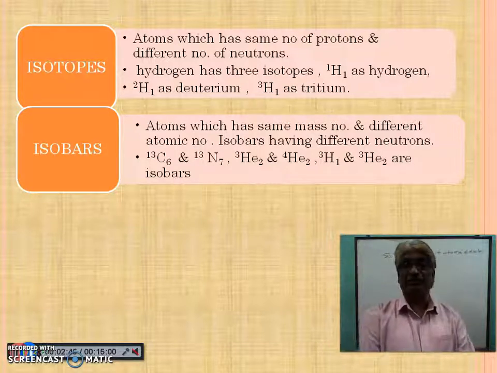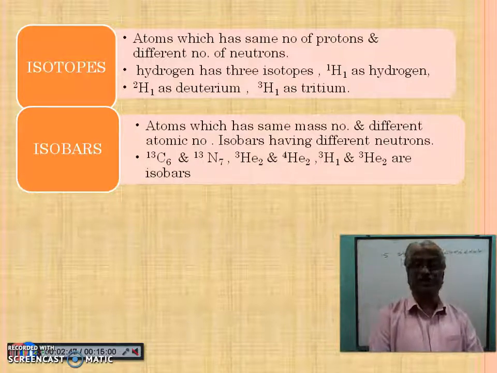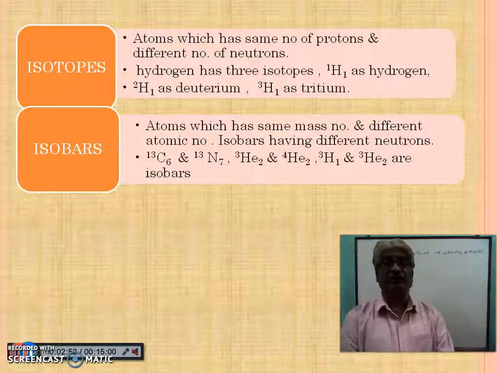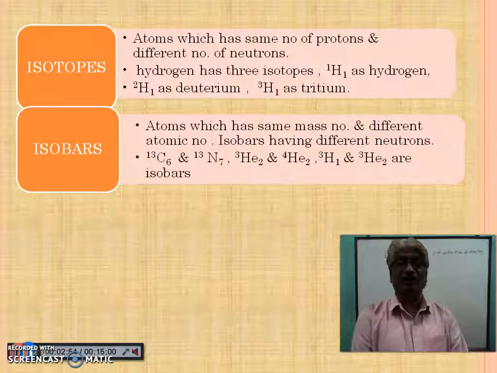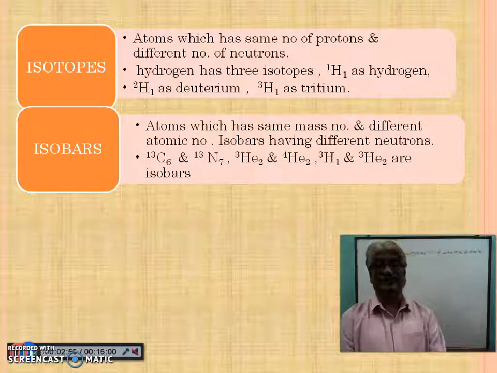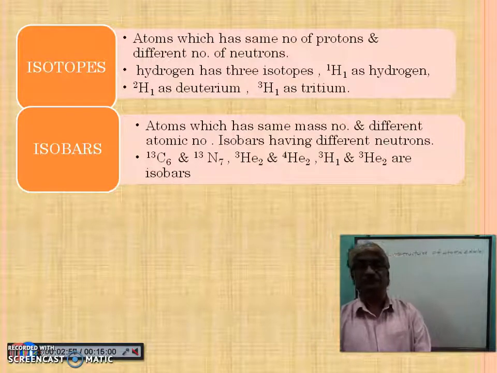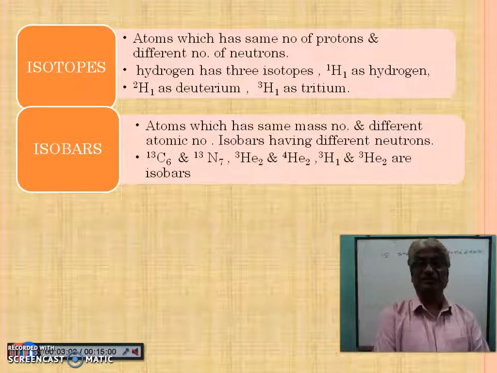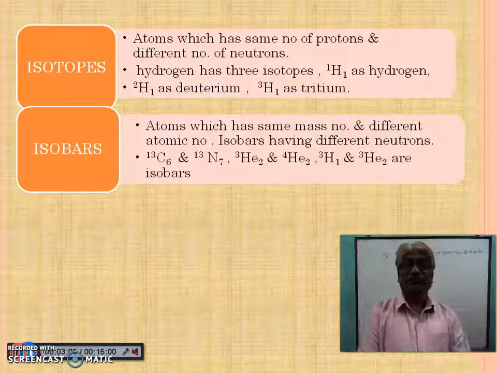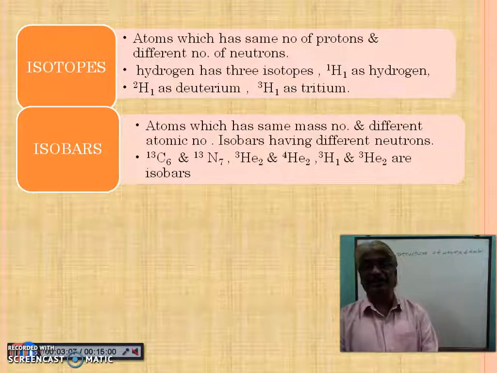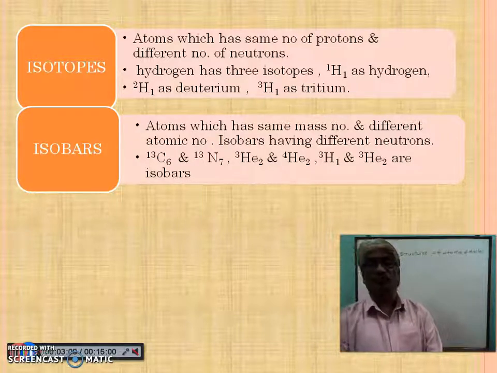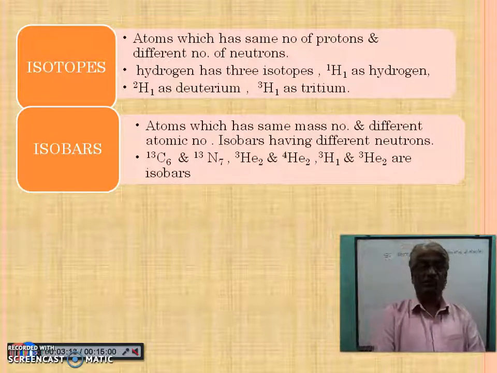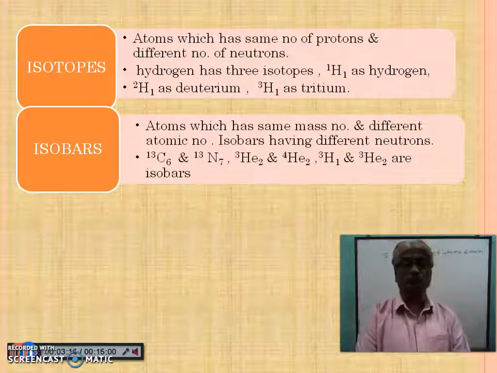Carbon has mass number 13, atomic number 6. Nitrogen has mass number 13, atomic number 7. Another example will be helium. Helium has mass number 3, atomic number 2, and helium has mass number 4, atomic number 2.